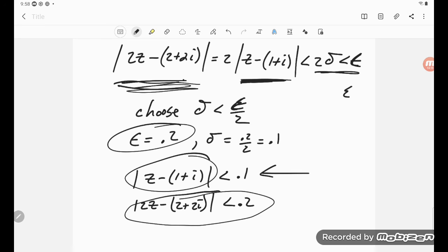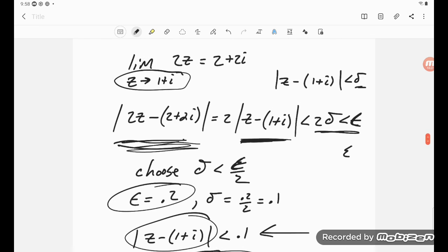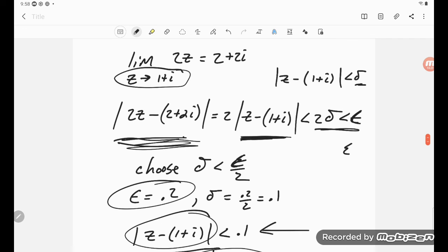So you see, that's the game. In this case, it was pretty straightforward to produce the delta given the epsilon; coming up with epsilon over 2 was pretty straightforward.